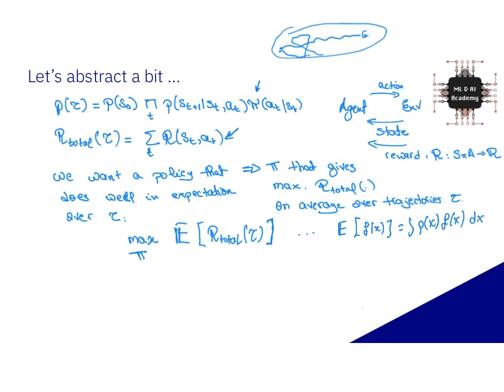So if you want to find the expectation of some function of a random variable x, that is nothing but the integral over the density p of x times f of x dx. If it was discrete, you would have a summation of p of x times f of x. In the continuous case, it's just the integral of p of x f of x dx.